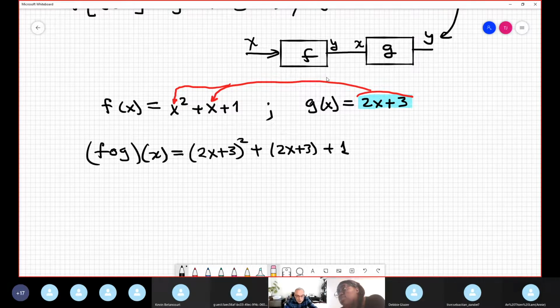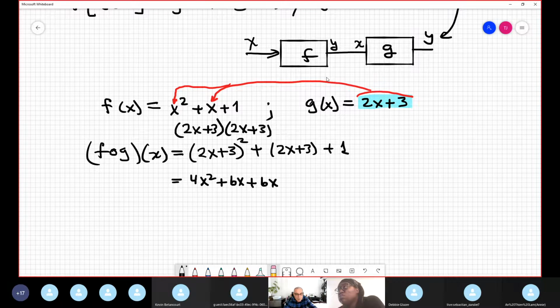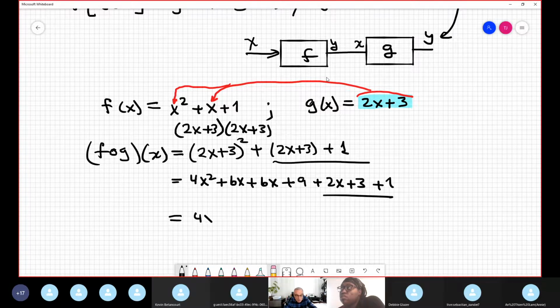However, I need to manipulate it a little bit to express a more beautiful expression. You foil 2x plus 3 times 2x plus 3. This is 4x squared plus 12x plus 9, plus 2x plus 3, plus 1. Combining like terms, it's 4x squared.